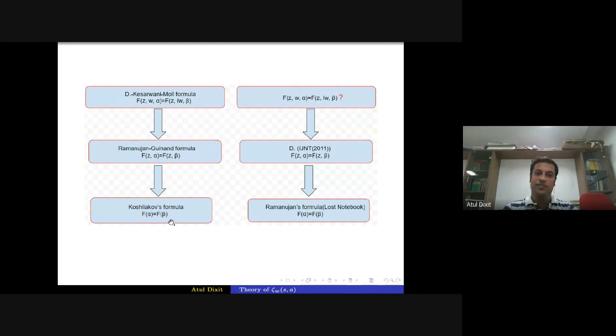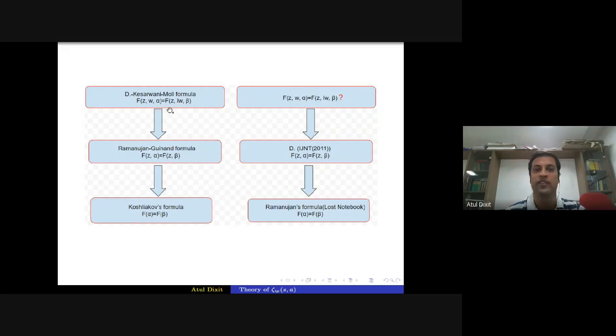So let me explain by means of this flow chart. Here is the Ramanujan-Guinand formula. It involves alpha and z, two parameters. I say only two because beta is 1 by alpha. When z is equal to 0, it's well known as a formula due to N. S. Koshliakov: F of alpha is F of beta. And what we did in our work was to superimpose theta structure on it.